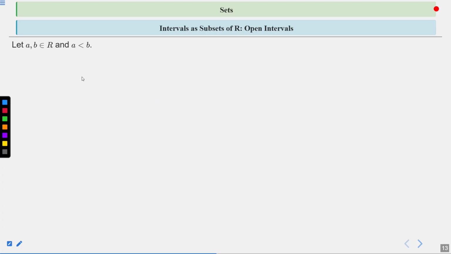Now, intervals as subsets of reals. So starting with open intervals.